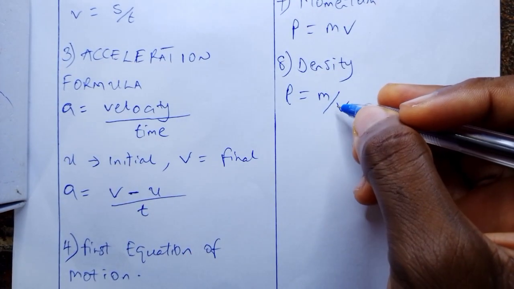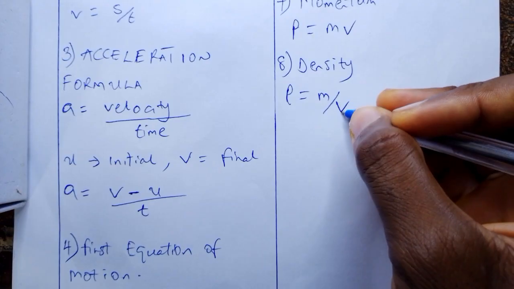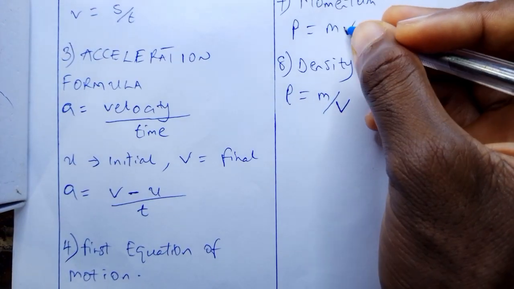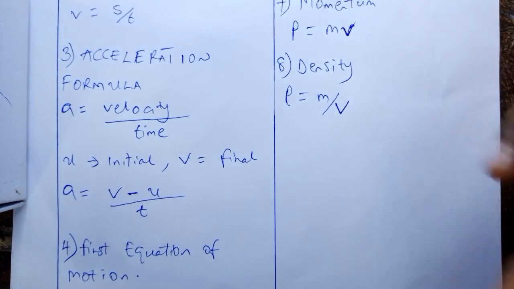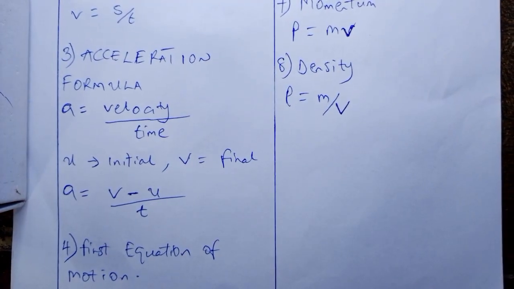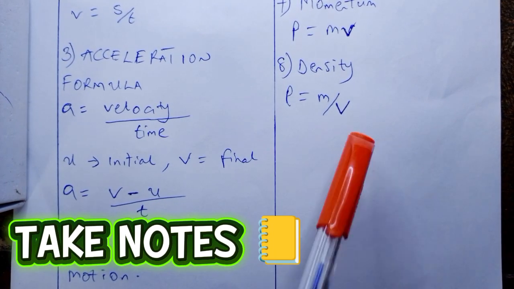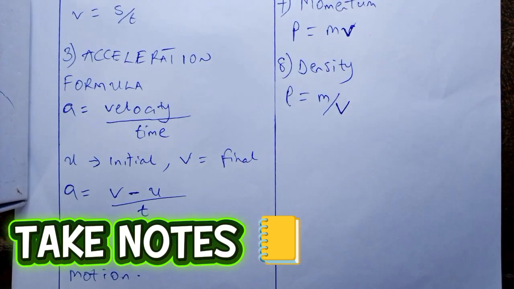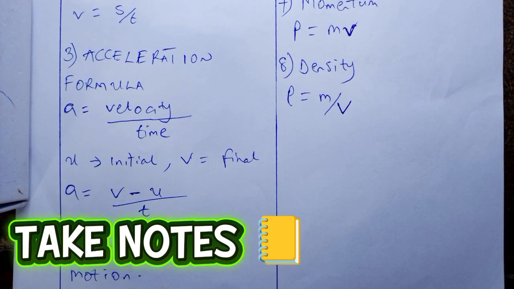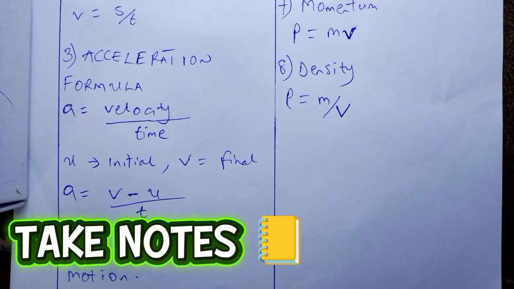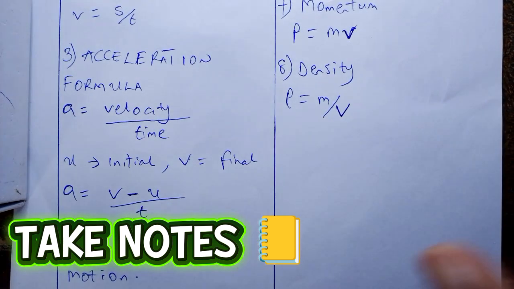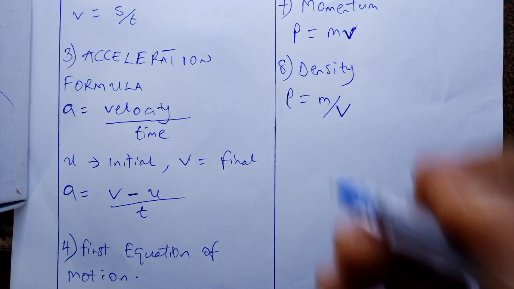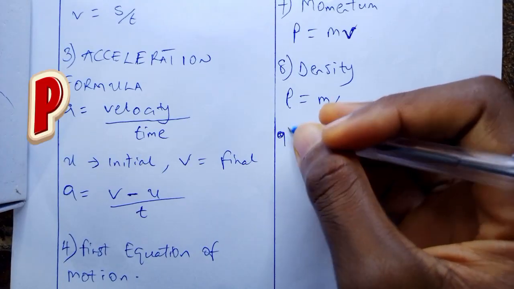Capital letter V is volume and small letter v is velocity, so you can know the difference. In physics, capital letter V is our volume and our small letter v is our velocity. Density is mass over volume. It is used in floating and sinking problems. That's where you use this formula.